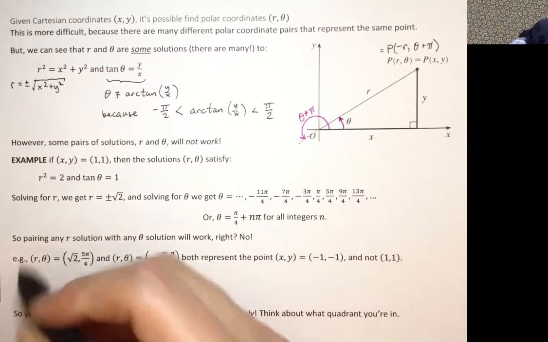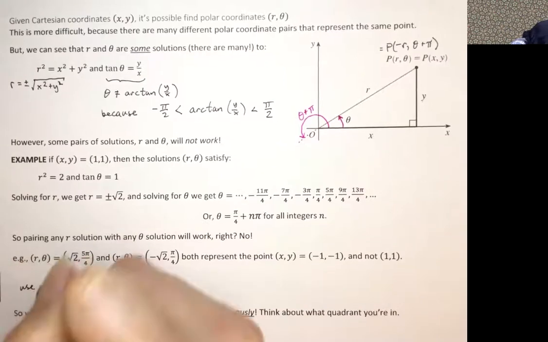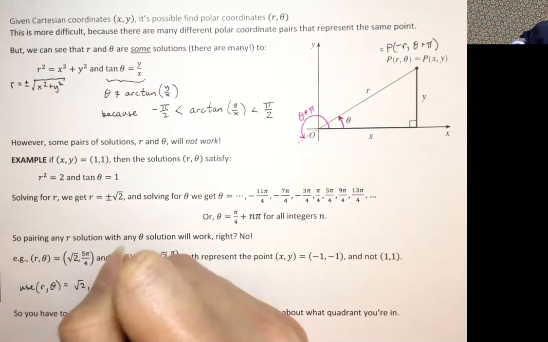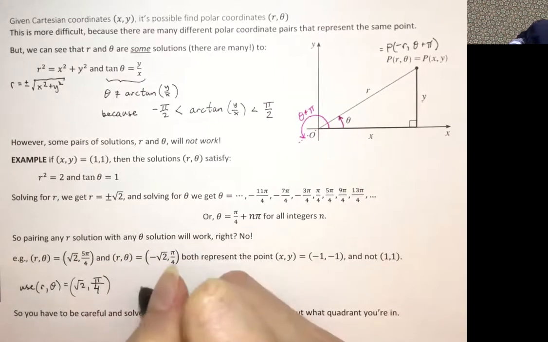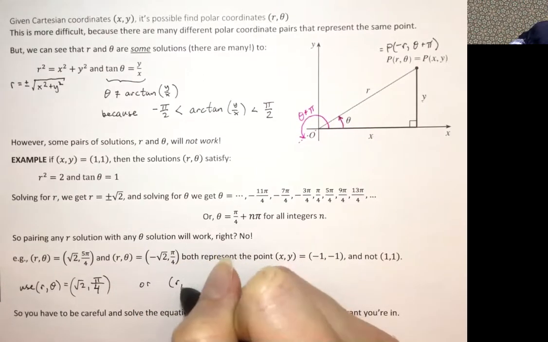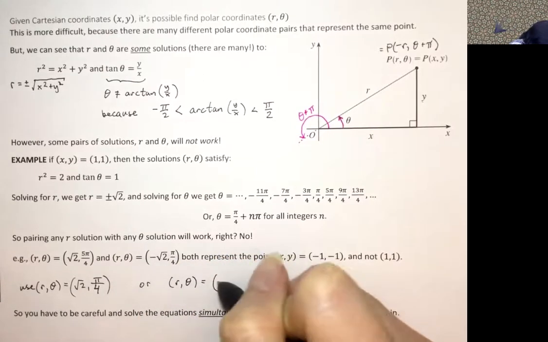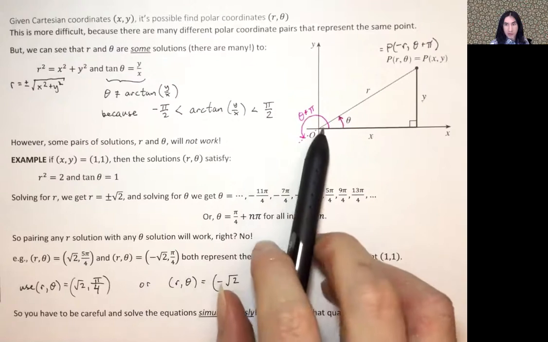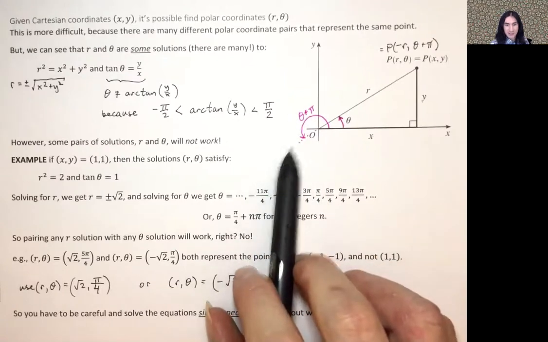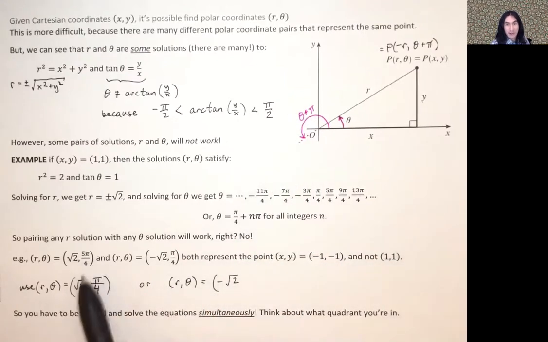So for instance, we could use r, theta equal to root 2 comma pi over 4. That would work. Okay. Or we could use r, theta equal to minus root 2. So that says to walk backwards. But if I'm walking backwards away from the origin, I would have to be looking in the opposite direction. So that would mean I would actually want the 5 pi over 4.